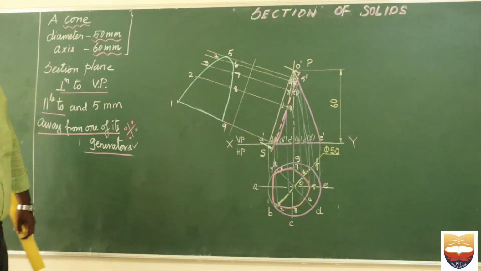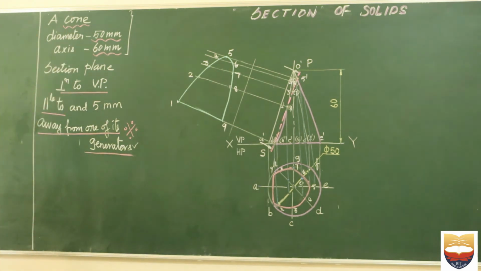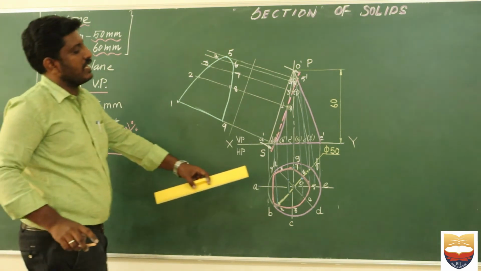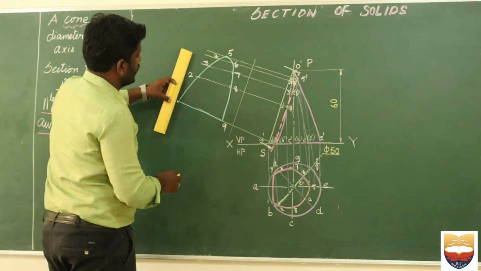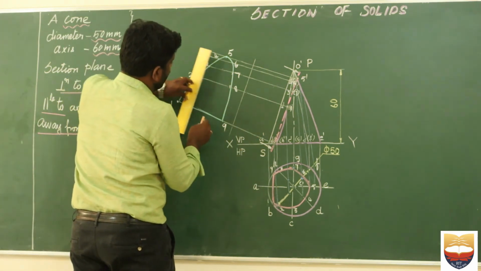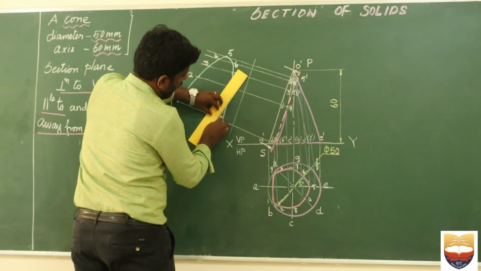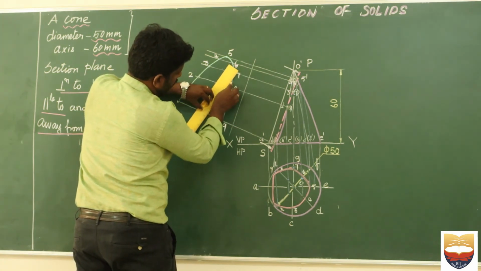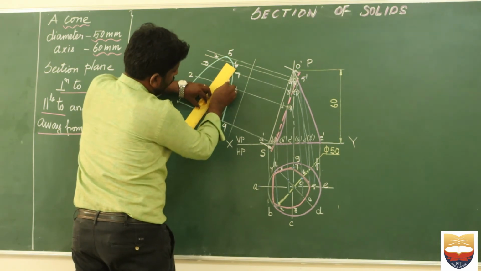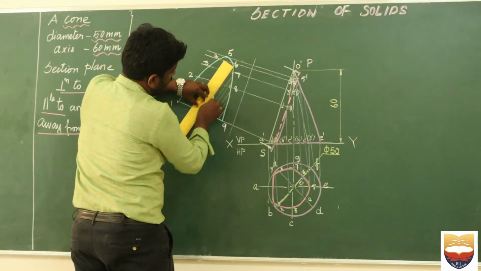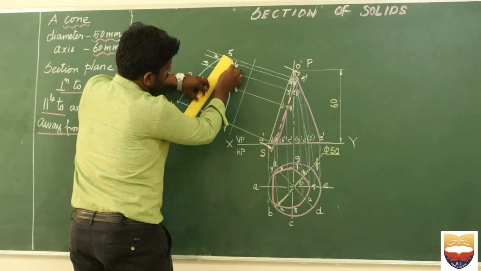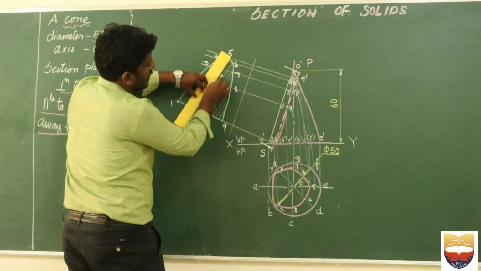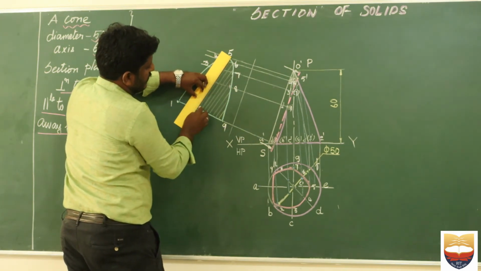You obviously know that once the diagram is completed, I need to hatch my sectional top view and my true shape, for which it should be a 45-degree inclined line and it should be very thin. It should not be very dark. Here I have to use hatching. There are 3 different angles available for hatching: one is 30-degree, another is 45-degree, and another is 60-degree.